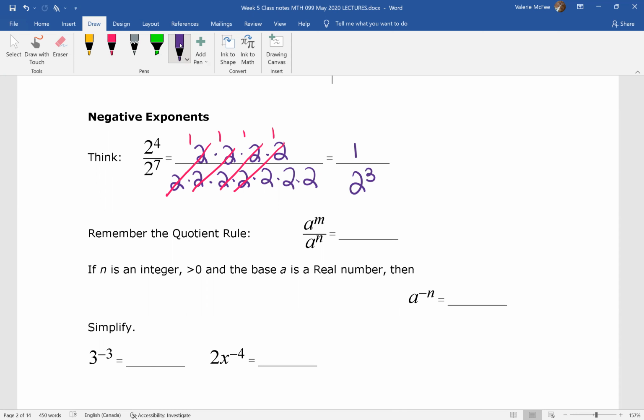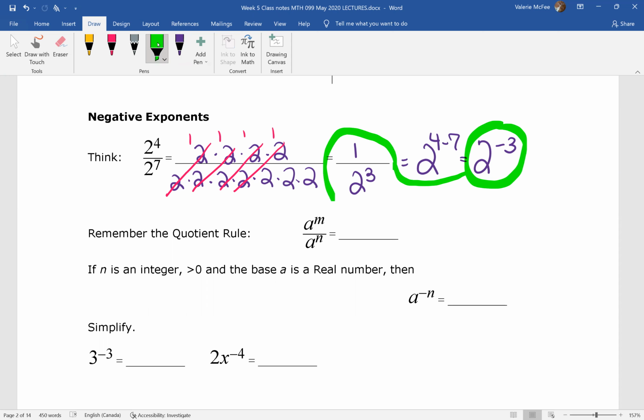Now, we could also have used that quotient rule that says when you're dividing powers with the same base, keep the base and subtract the exponents. So we can see here that 2 to the power of -3 is equal to 1 over 2 cubed.